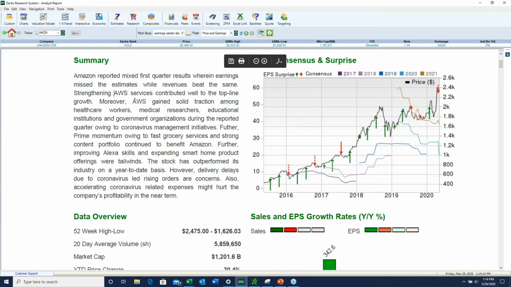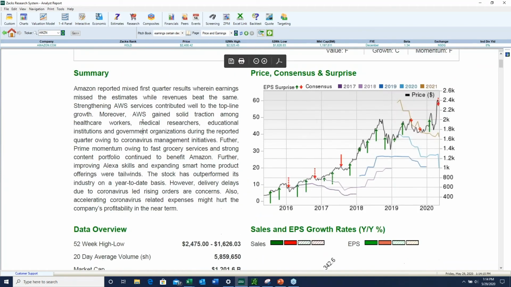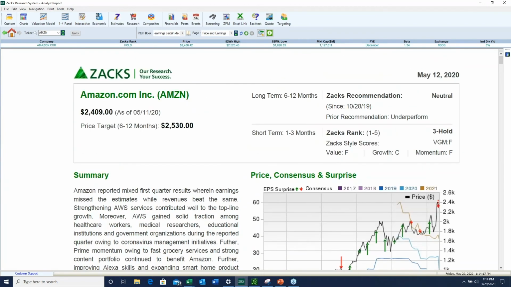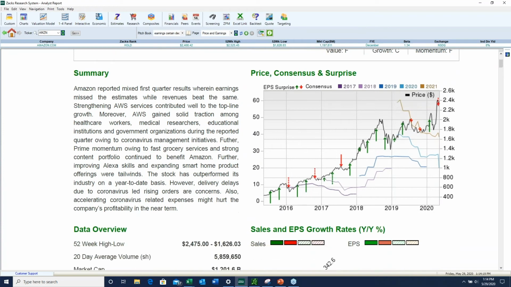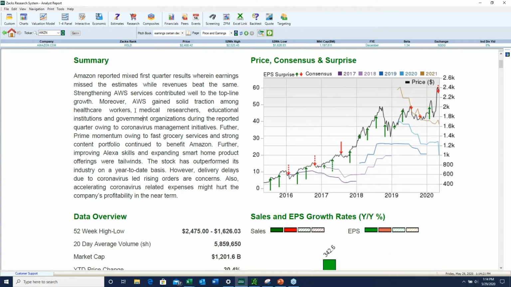But then it's also in cloud computing. And as we saw just now, it has a very wide variety of clients that are essentially subscribers to AWS. And so that's been essentially the bull case, or really the entire story behind the company over the last 10 years. So now let's switch over to the next one here.